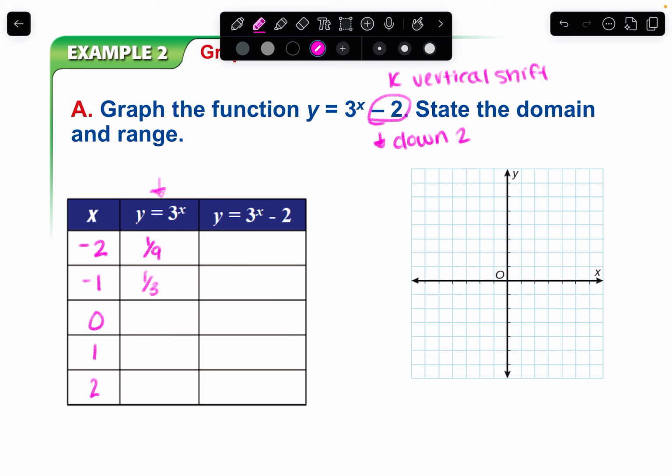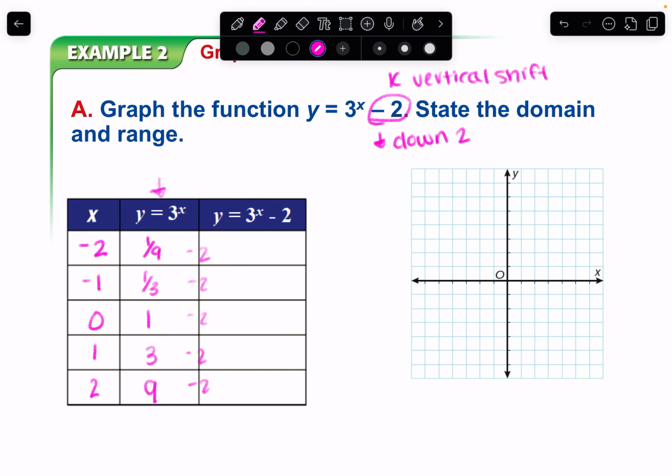Anything to the 0 power is 1. 3 to the 1st power is just going to give me 3. And then 3 to the 2nd power will give me 9. So your points, there's kind of a pattern with this. There's a reflection.